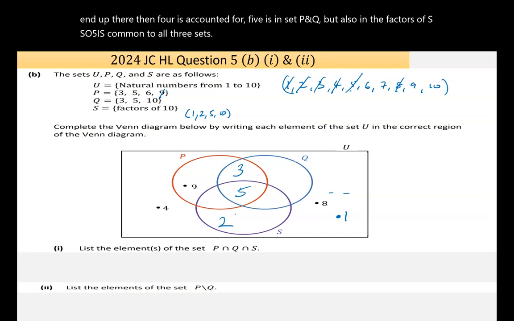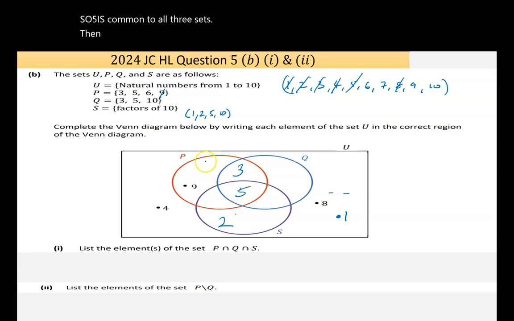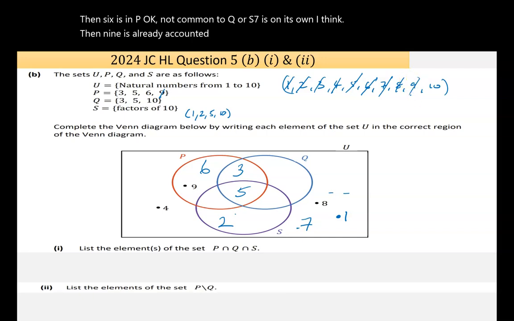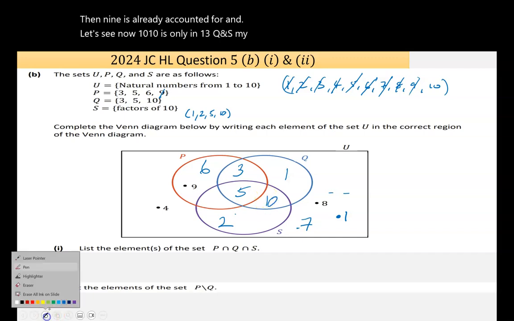Then 6 is in P, not common to Q or S. 7 is on its own, I think. Then 9 is already accounted for, and let's see now, 10. 10 is only in, sorry, it's in Q and S, my bad. Now let's make sure I rub that out.